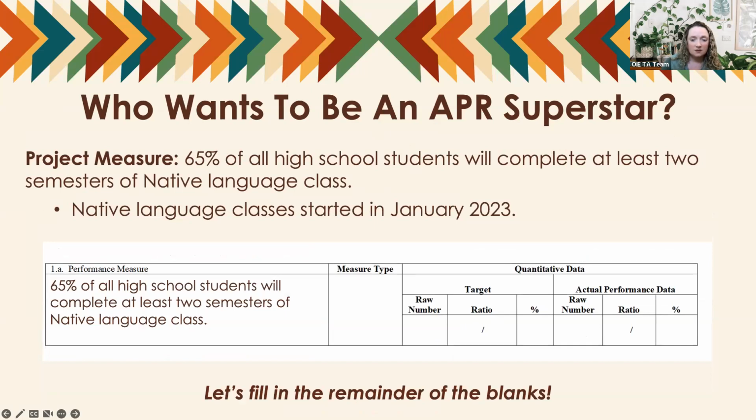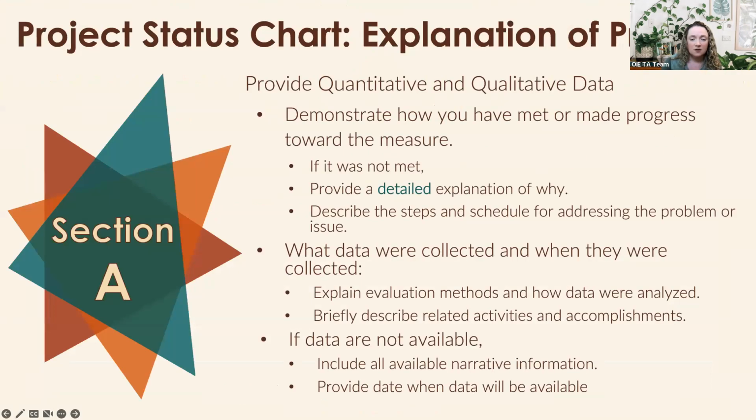All right. Let's move on to our explanation of progress. And I appreciate you doing those with us. So for the explanation of progress, you've done your quantitative reporting at the top. So now we're moving to our qualitative reporting. We want you to be talking about how you've met or made progress toward the measure.